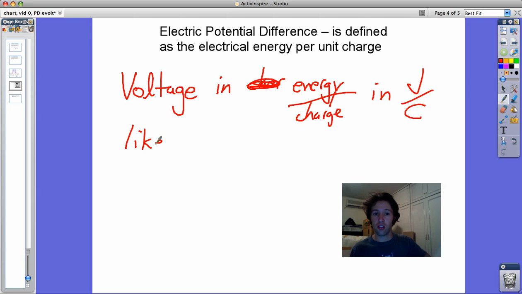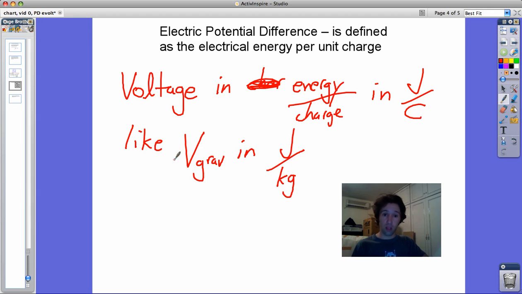And this is like the gravitational potential you may have already studied, which is in units not of joules per coulomb, but joules per kilogram. You can think of this as how much energy a charge is going to get as it zips across two plates.